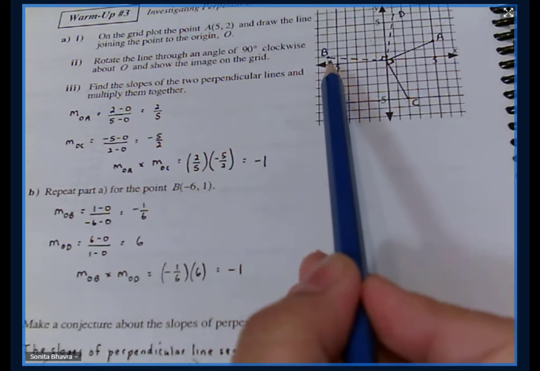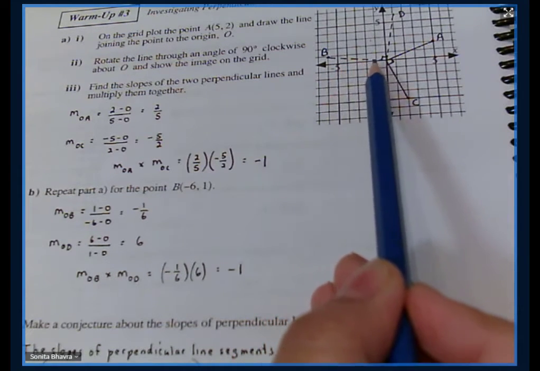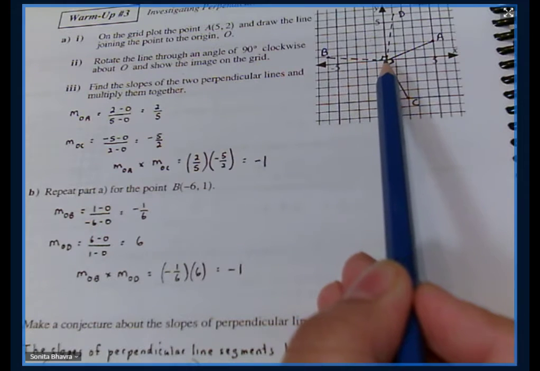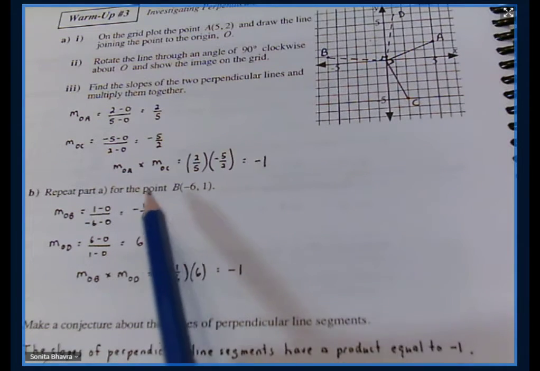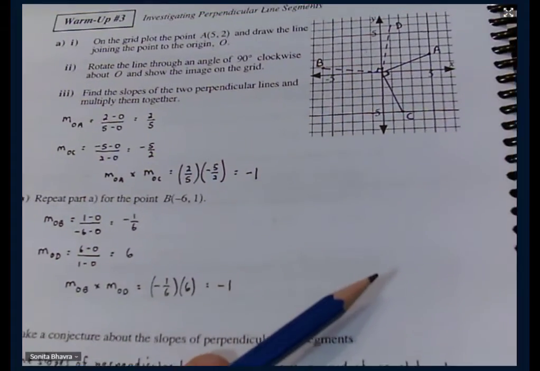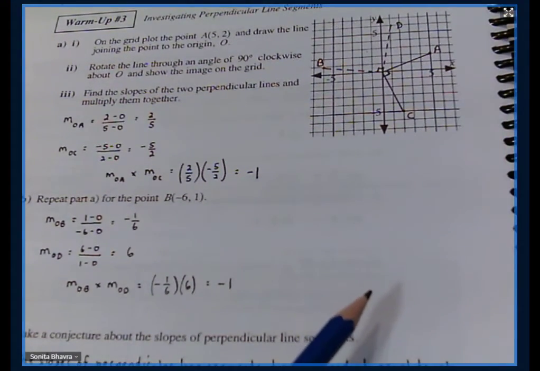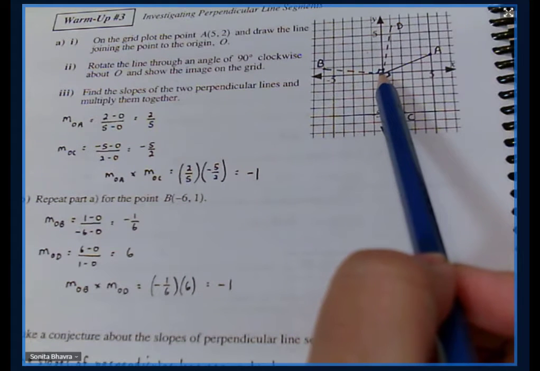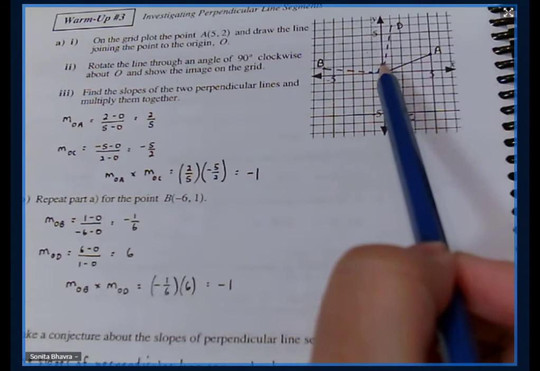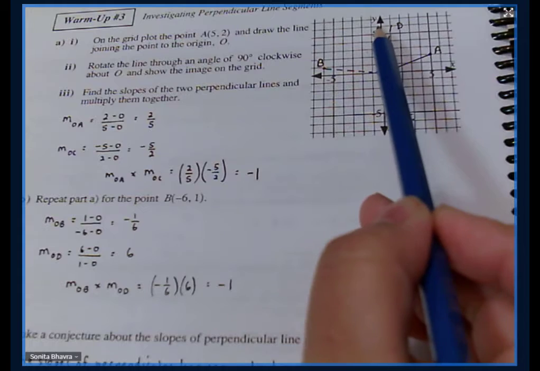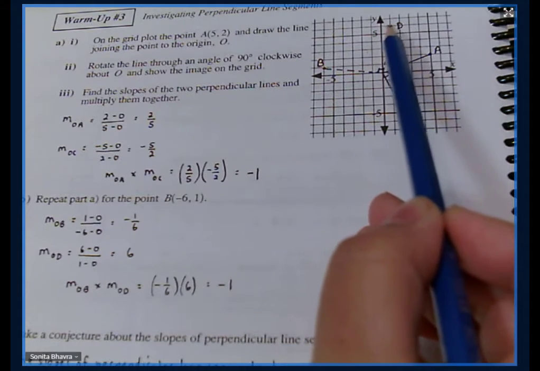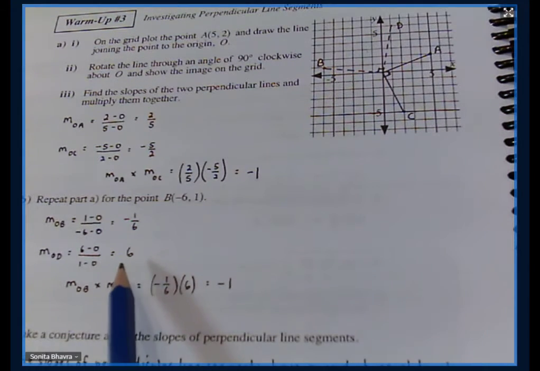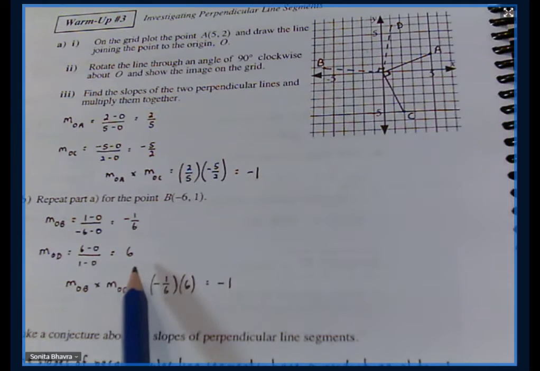Our rise is 1 and our run is 1, 2, 3, 4, 5, 6. So our slope is -1/6. And then let's look at our slope of O to D. Our rise is 1, 2, 3, 4, 5, 6, and our run is 1. All right, so our slope is 6/1.